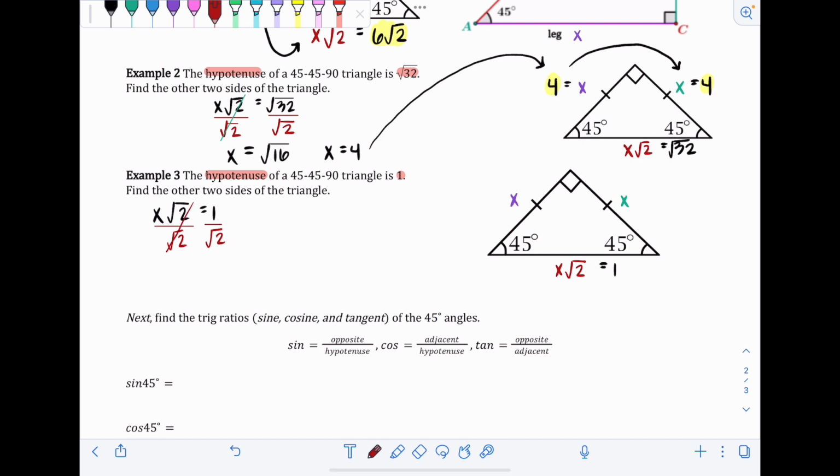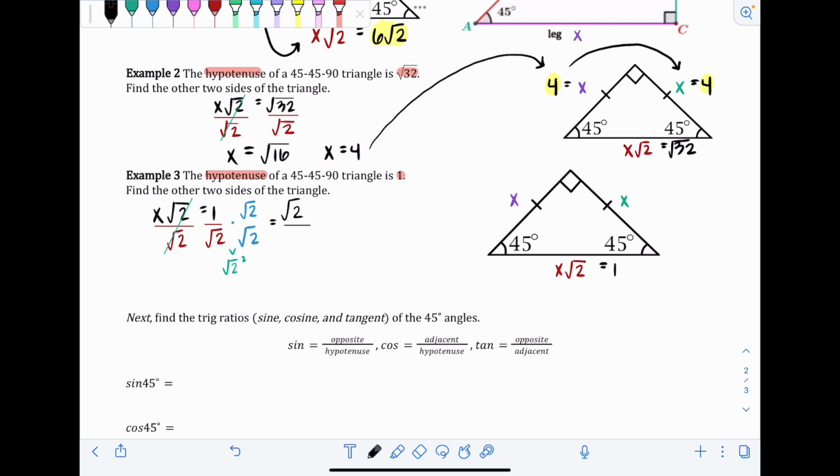Root 2 divided by root 2 cancels out. And then I have another radical in the denominator that I have to get rid of. So this time it's a root 2, so I'm going to multiply numerator and denominator by root 2. And then I can multiply straight across. 1 times root 2 in the numerator would be root 2. And in the denominator, it becomes the square root of 2 squared because you're multiplying something by itself.